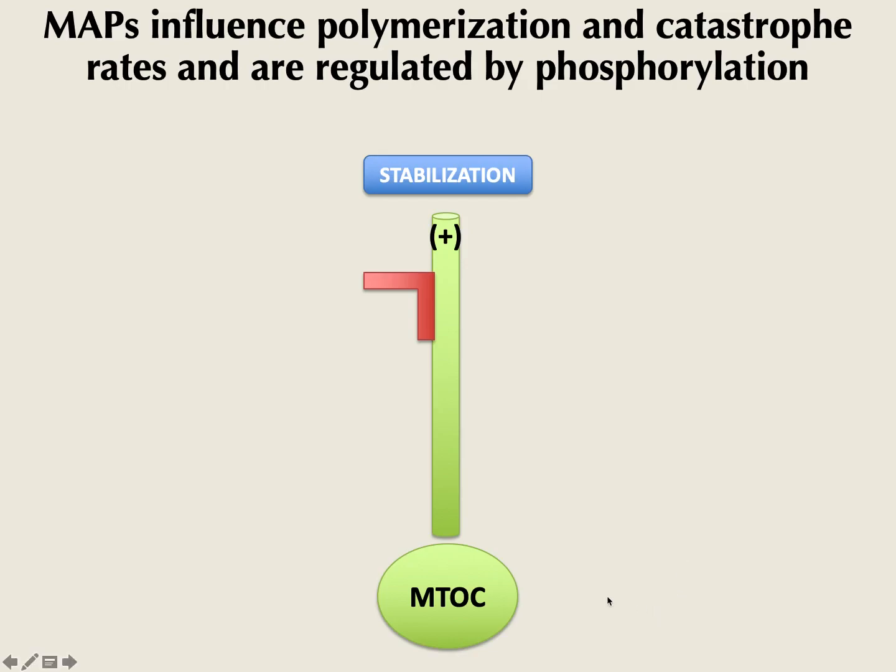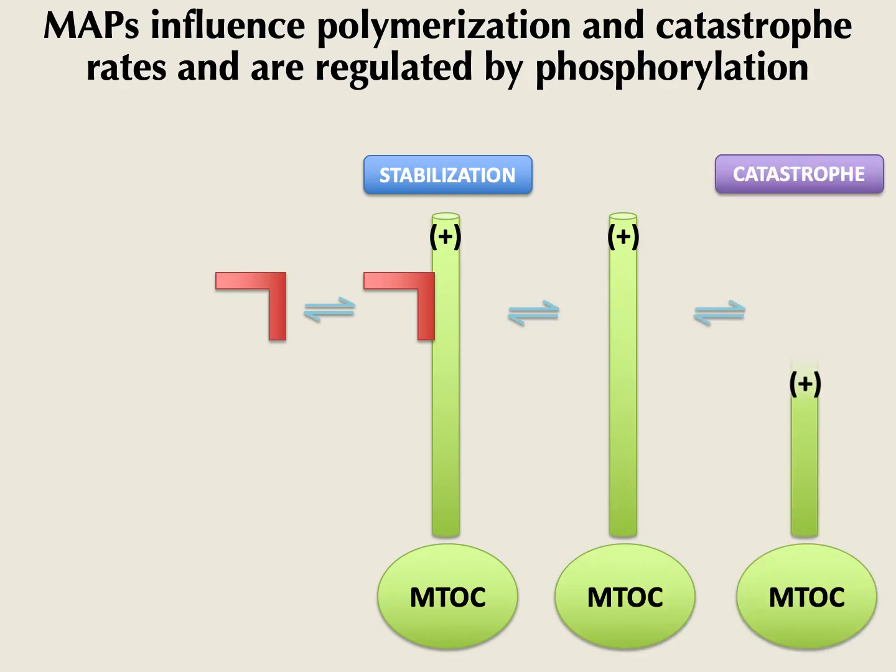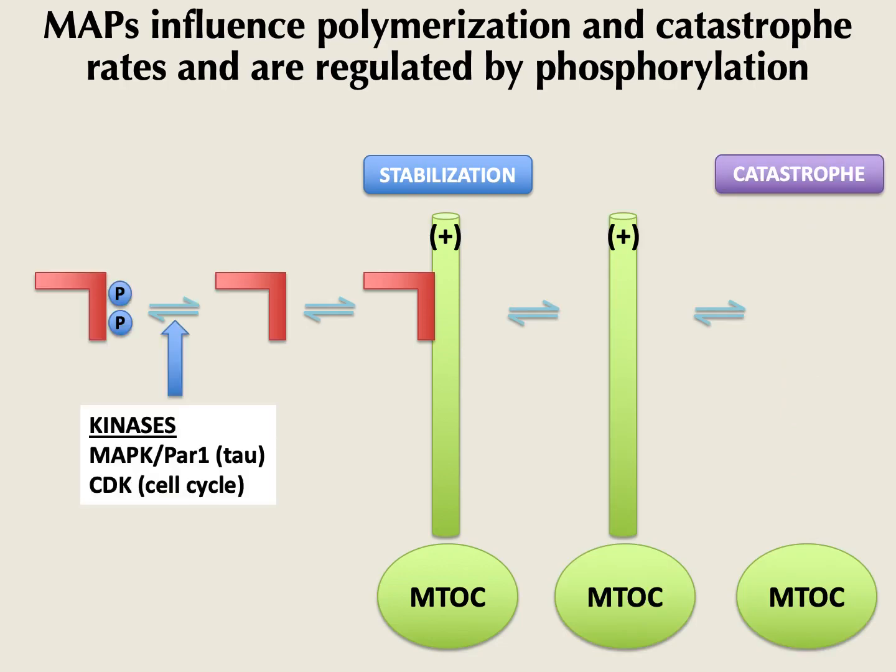So I showed you the example of a microtubule being stabilized. But the beauty of the system is if the protein dissociates, now the microtubule will undergo a catastrophe, will be destabilized, and the regulation of this association itself can be regulated by kinases. This is a classic regulator.